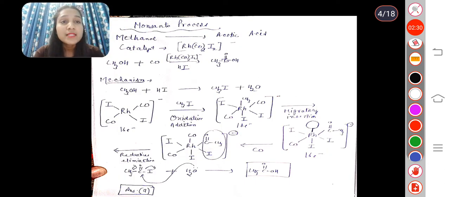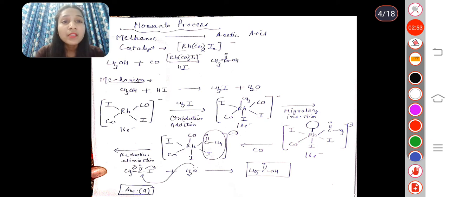The Monsanto process is basically a process in which we produce acetic acid from methanol. The catalyst used here is [Rh(CO)2I2]−. So the full reaction is given as CH3OH plus CO, and this is used as a catalyst and CO is used here as co-catalyst. So finally we are here with the product as acetic acid.